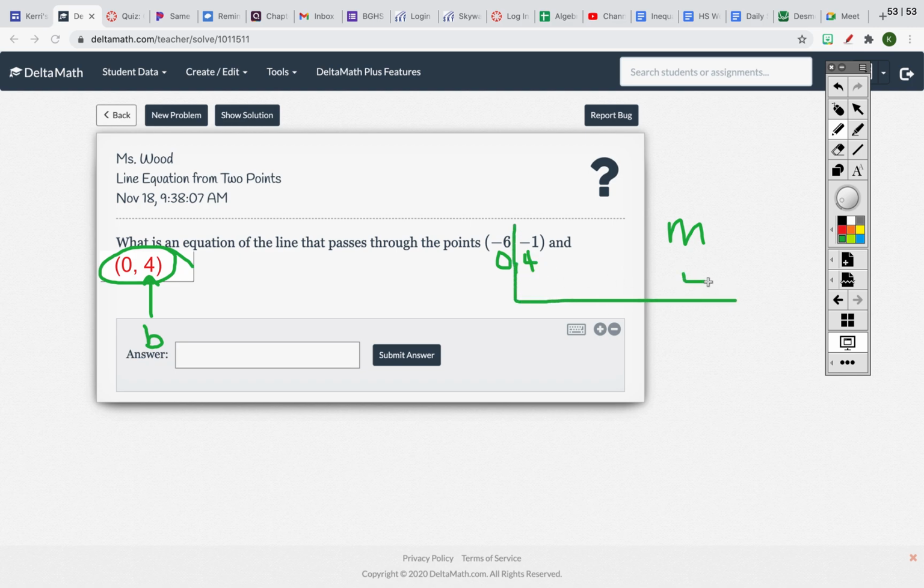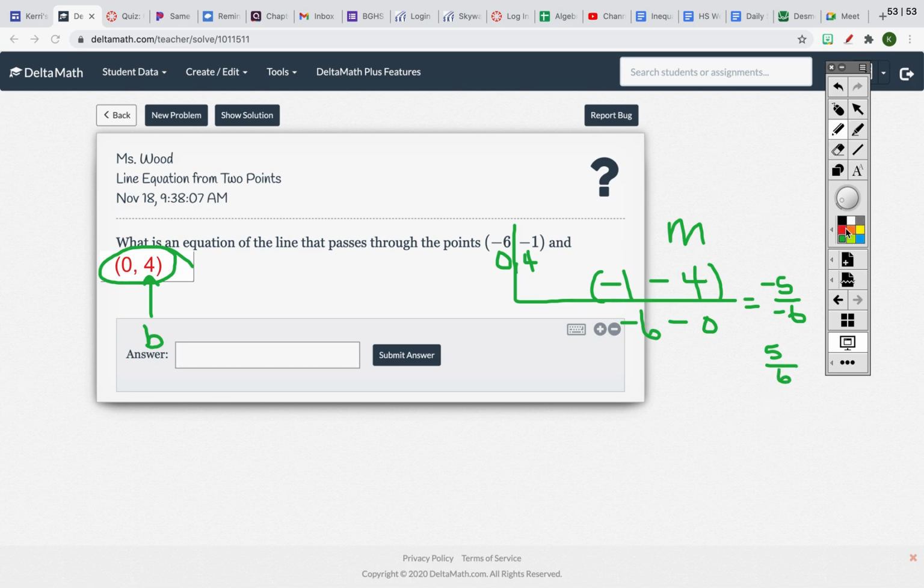So the 4 comes down, the -1 comes down, the 0 comes down, the -6 comes down. Put our parentheses across the top. This becomes -5 over -6, and a negative divided by a negative is a positive, so this is 5 over 6.